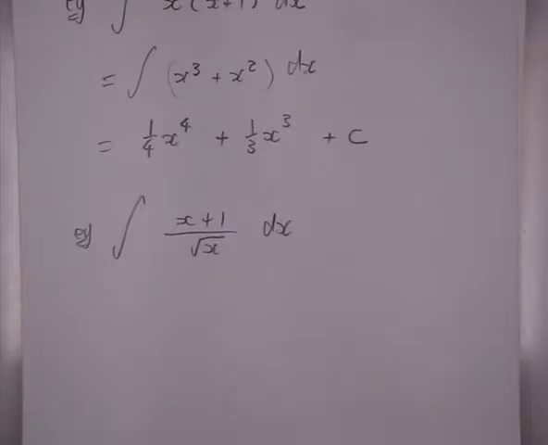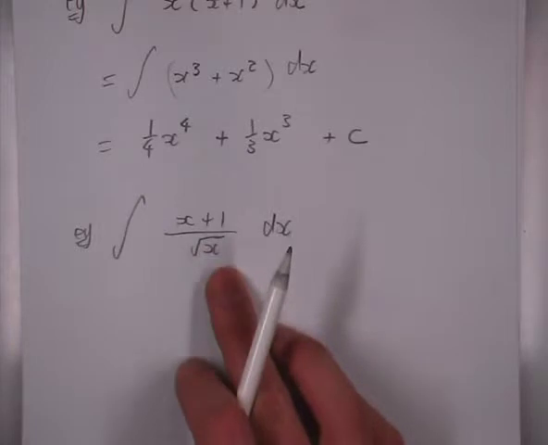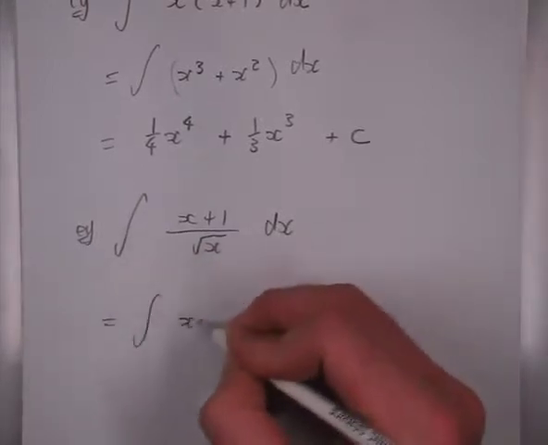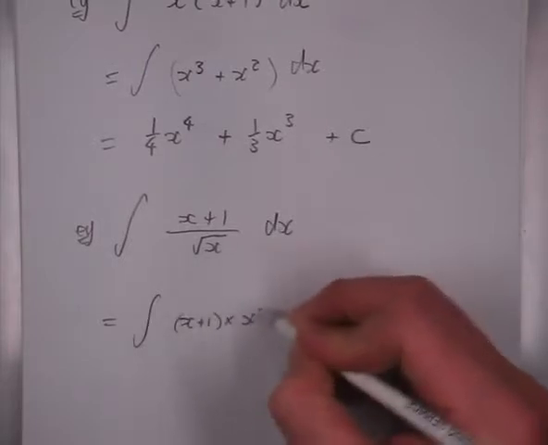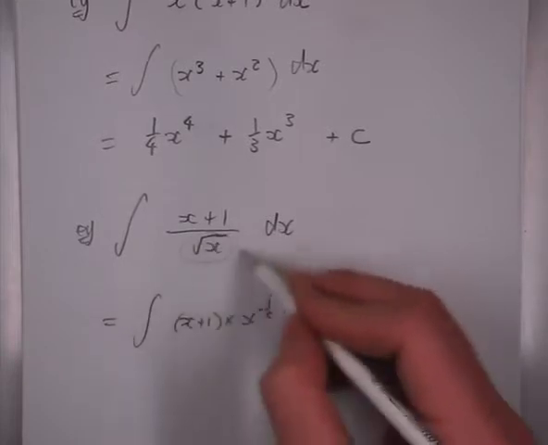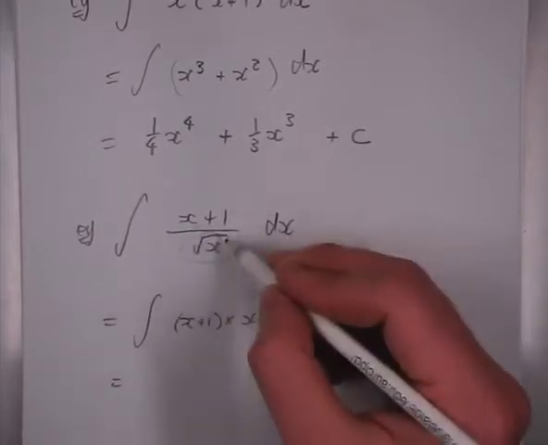Oh well. You can rewrite this as well, because dividing by root x is just x to the minus a half, isn't it? So that's the same as x plus 1 times x to the minus a half. The minus is because it's on the bottom of the fraction.